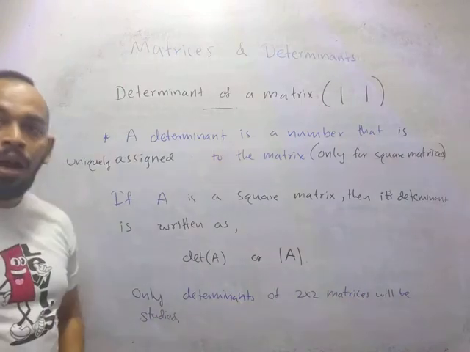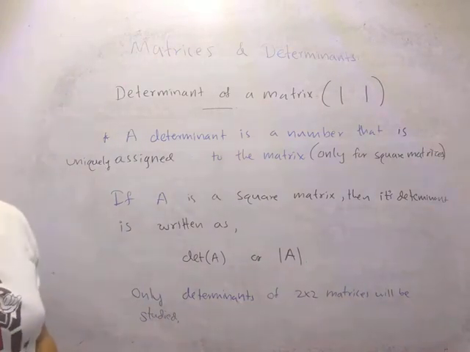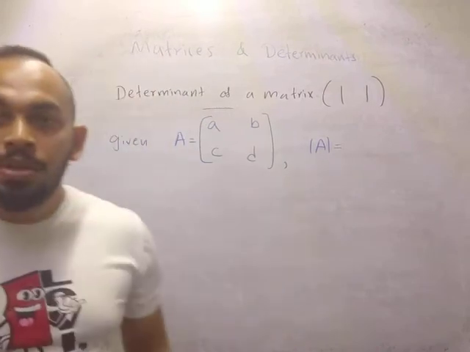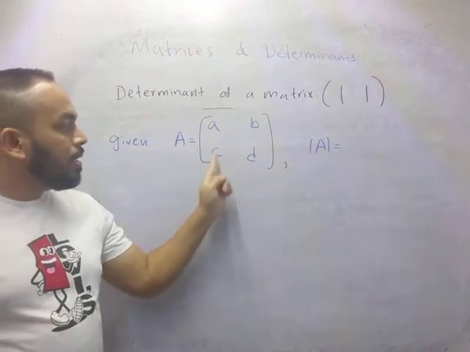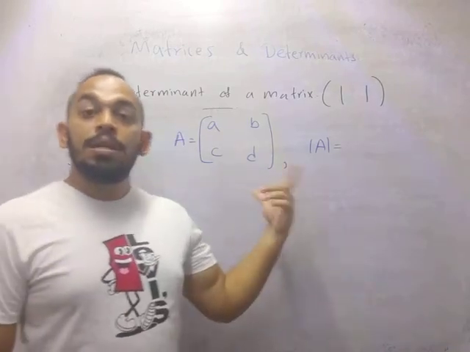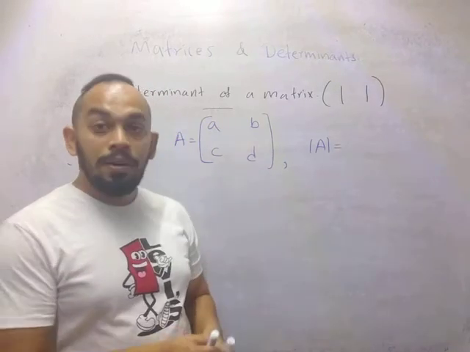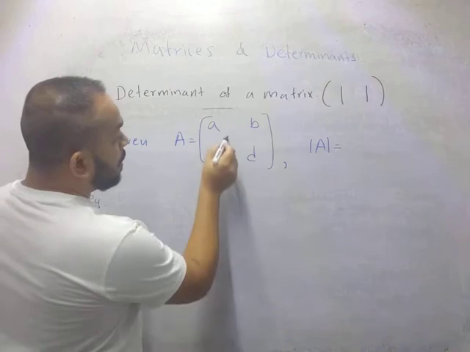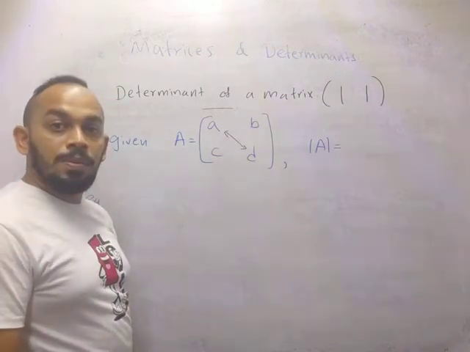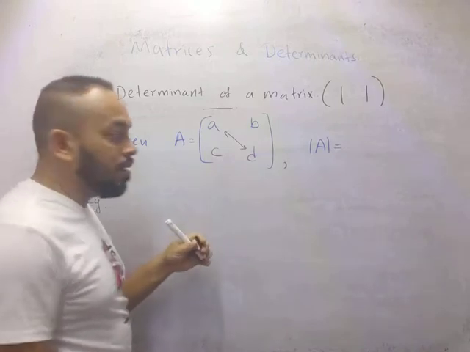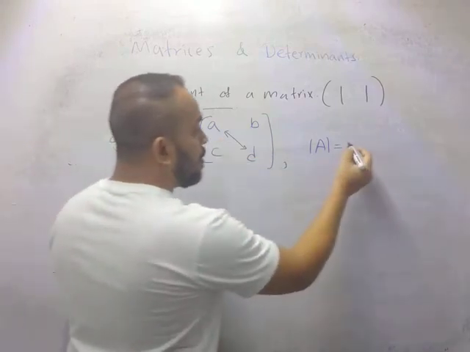Now let's see how to calculate the determinant. Given a 2 by 2 matrix A with entries a, b, c, d, its determinant is calculated like this. First multiply the leading diagonal elements, that would be a into d.